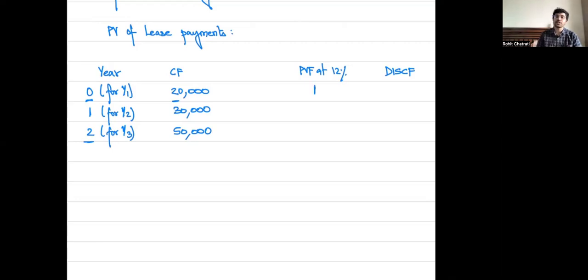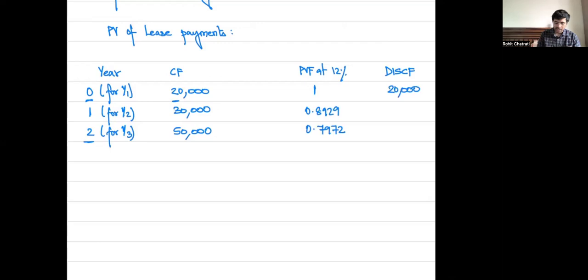Present value factor for year 0 is going to be 1. Present value factor for year 1 will be the same as what we calculated earlier, 1 divided by 1.12, which is 0.8929. And the present value factor for year 2 will be 1 divided by 1.12 the whole square, which is 0.7972. So the discounted cash flows now will be equal to 20,000 for the first year.